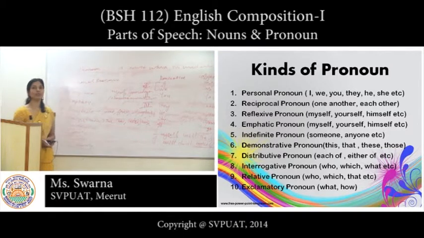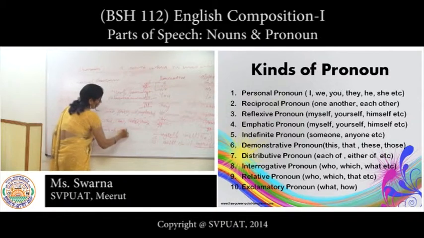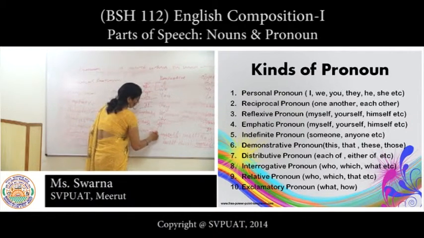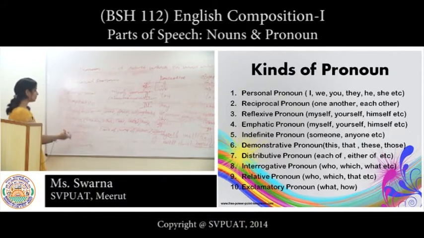Next, distributive pronoun. If we distribute a noun or pronoun, then it's called distributive pronoun. Like each of, none of, either of, neither of. These are the words which are under the category of distributive pronoun.